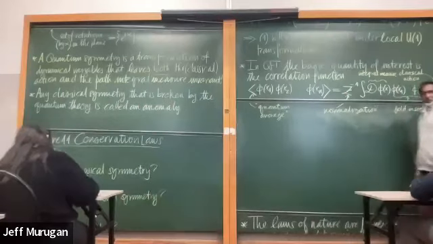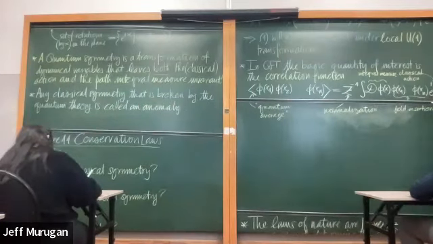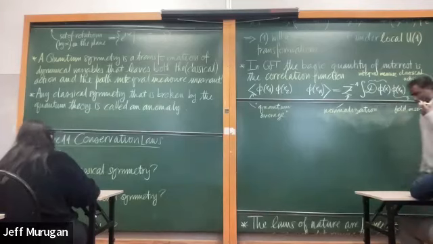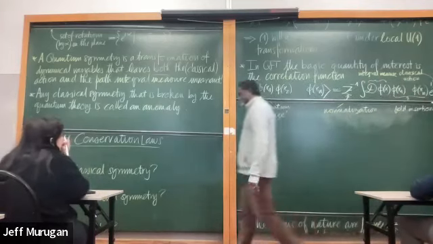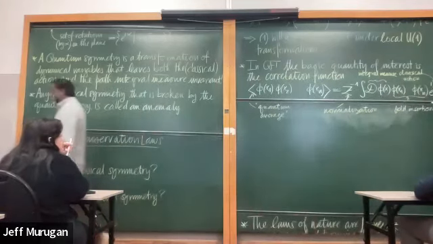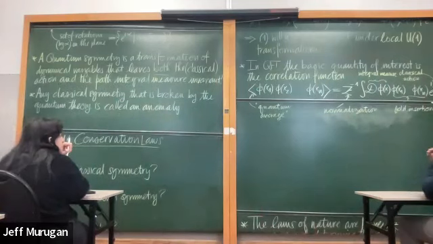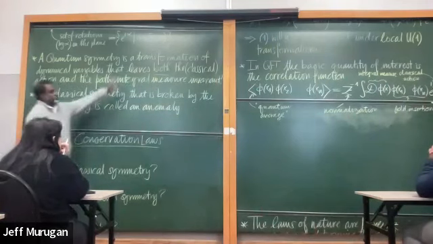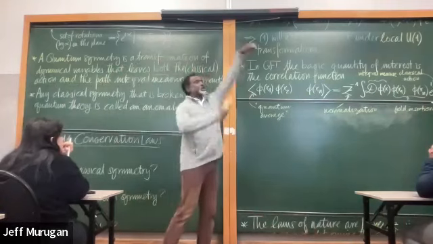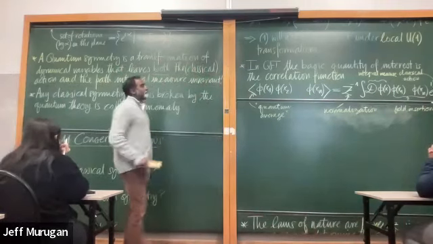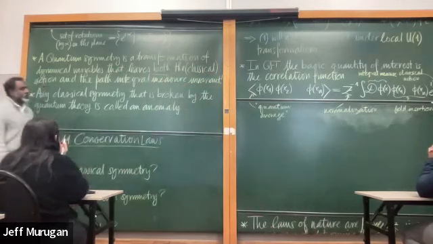And there are two types of anomalies. Either I break a global symmetry, or I break a local symmetry. Right. So we talked a little bit about local and global symmetries here. And we'll talk a little bit more about it in the next lecture.